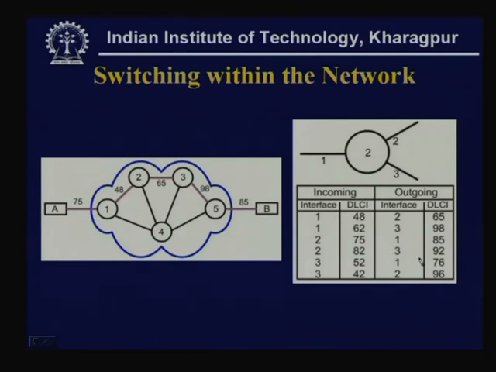It has got 3 interfaces, 1, 2 and 3. This is the node or switch 2. So, interface 1 is the incoming.